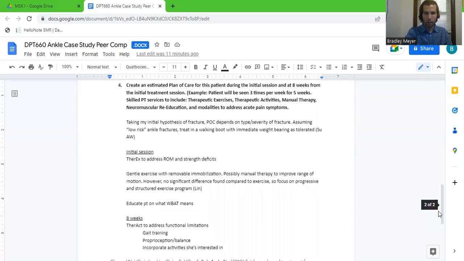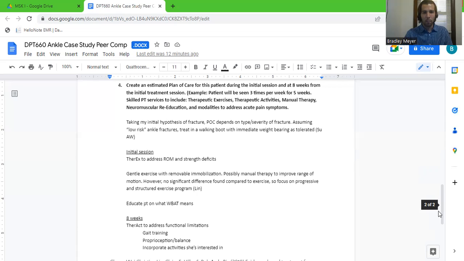And then for my plan of care, again taking my hypothesis of an ankle fracture, the article by Sue recommended treating a low-risk ankle fracture with a walking boot, and immediate weight bearing as tolerated.